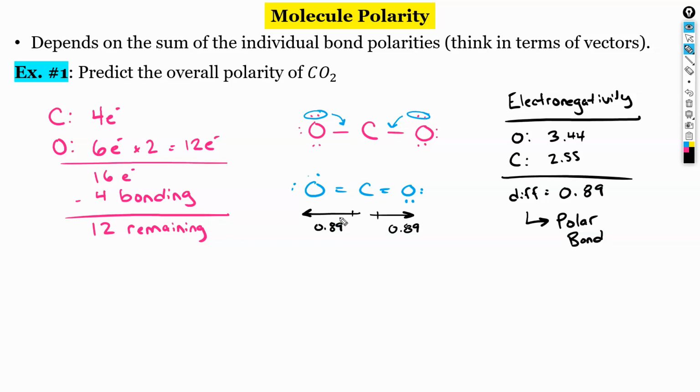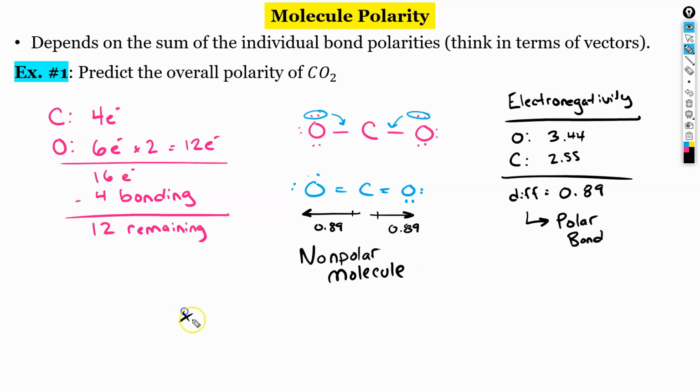Both sides are pulling with a force of 0.89. Since they're equal and opposite, they will cancel out. We will have 0. So this is going to be a nonpolar molecule. Notice it's symmetrical, so both sides are the same, and they're both pulling with the same amount of force.